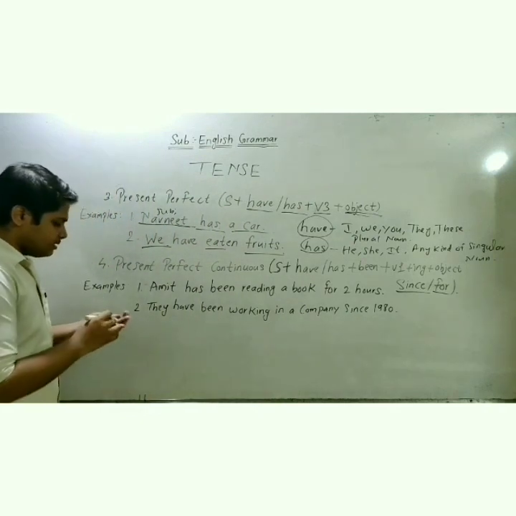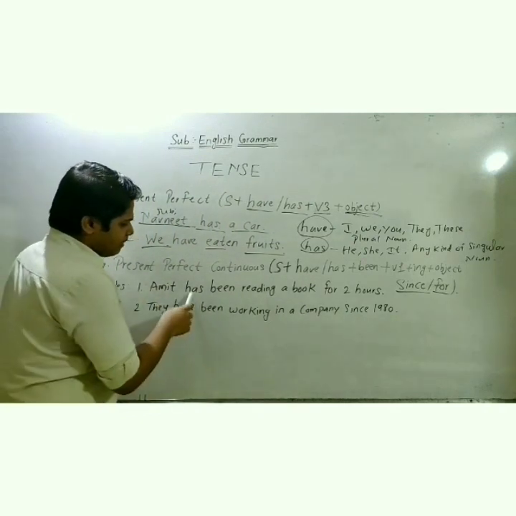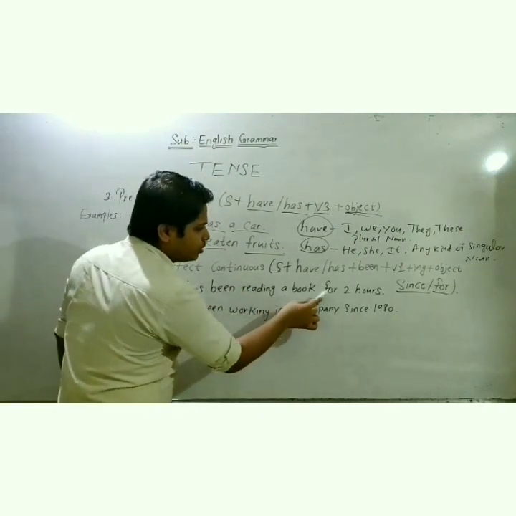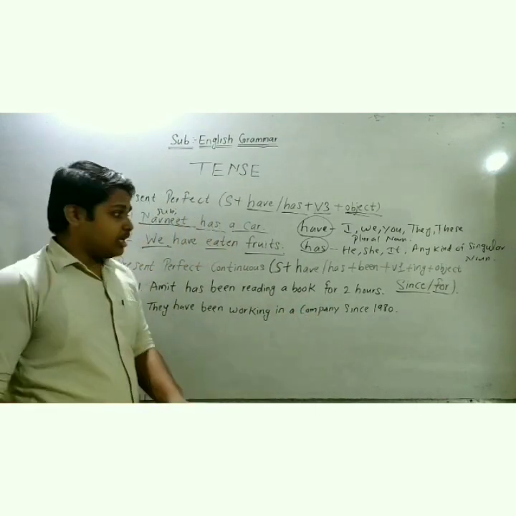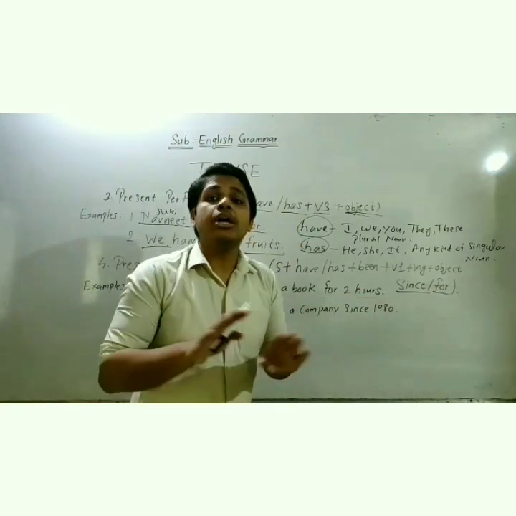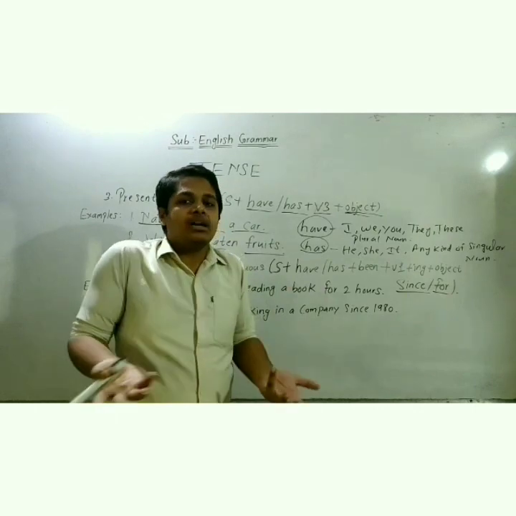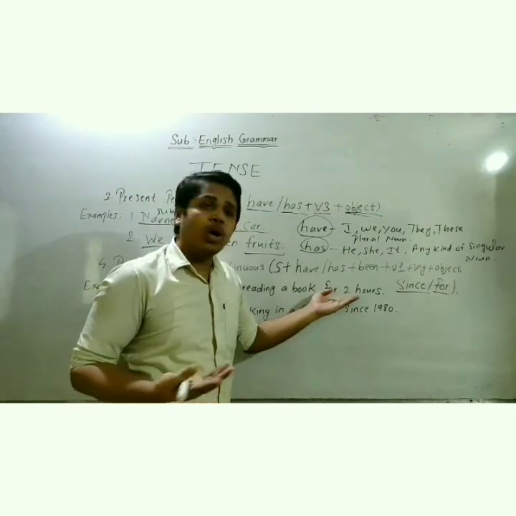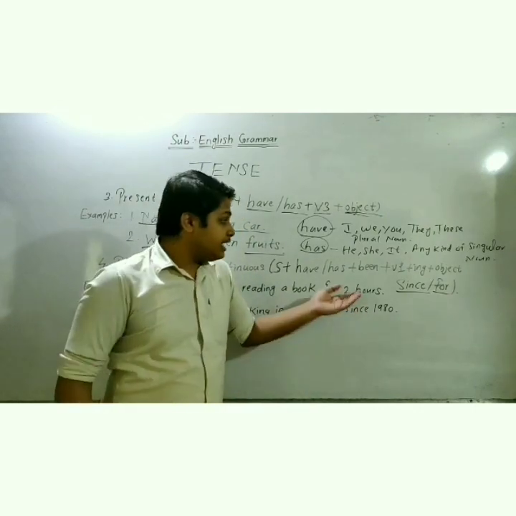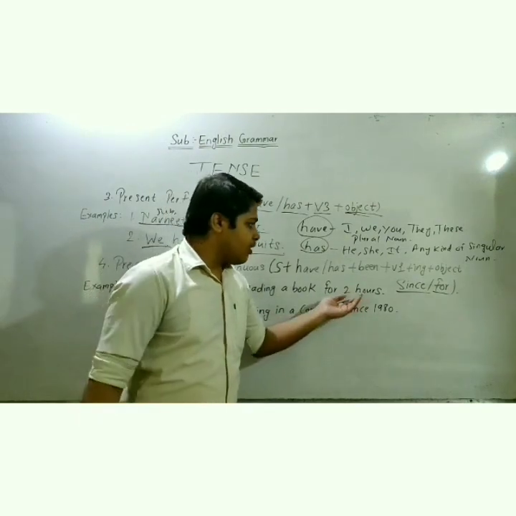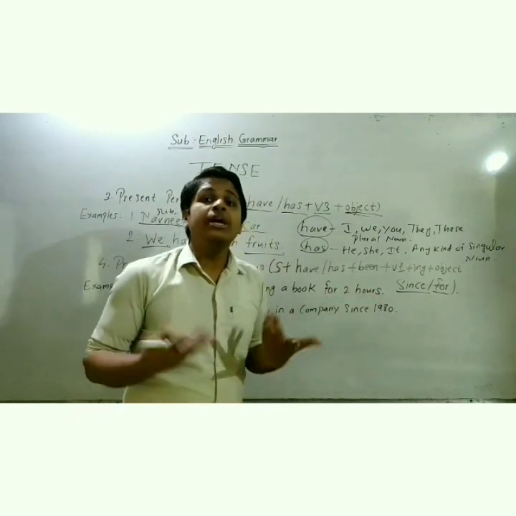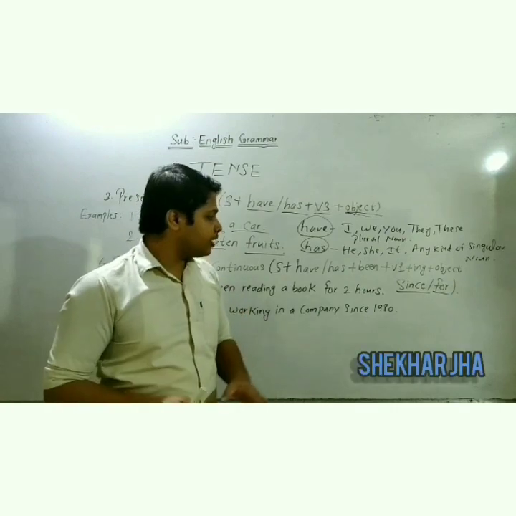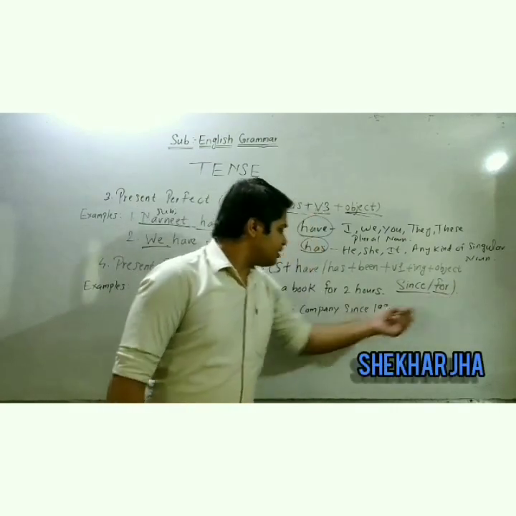First example: Amit has been reading a book for 2 hours. This 2 hours is not a proper time. Which hour, we don't know, because in 24 hours we have used only 2 hours. So for that we have used for.